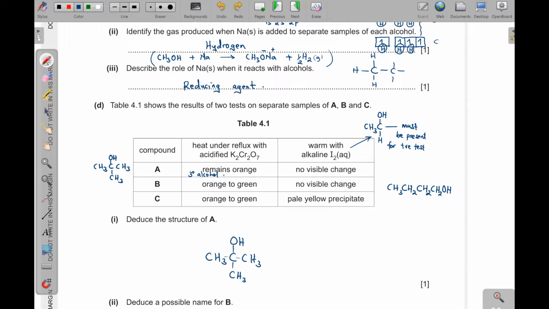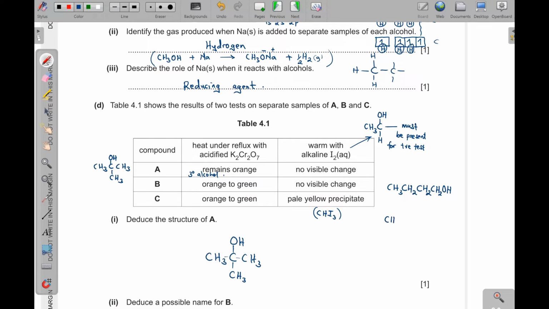And then here there is a pale yellow. That means this is triiodomethane. So that means when I'm drawing, let me take off this one, by the way. This is CH3 like that. CH, then I3, triiodomethane.